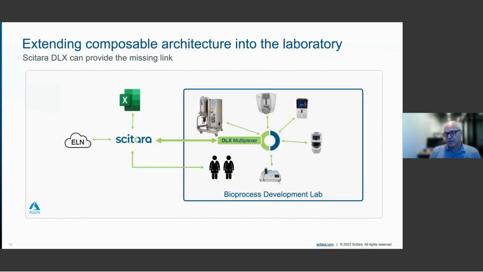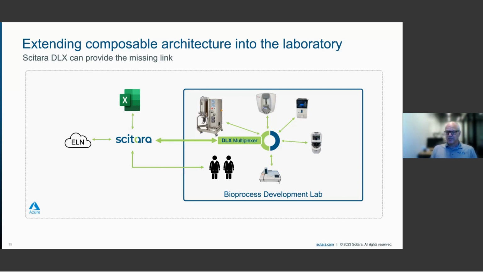So I'll just use a simple example of how you might use DLX in a situation. This is a typical bioprocess development lab where you have a bioreactor that you would start running, and then every few hours you might take a sample off that bioreactor and take it to any number of analytical instruments to be able to analyze those.